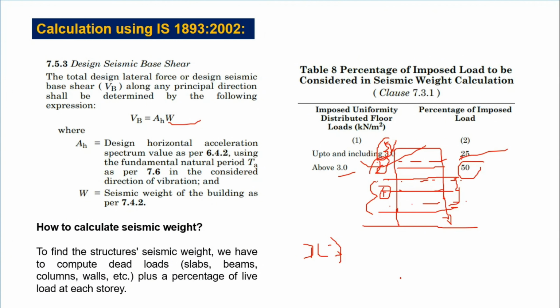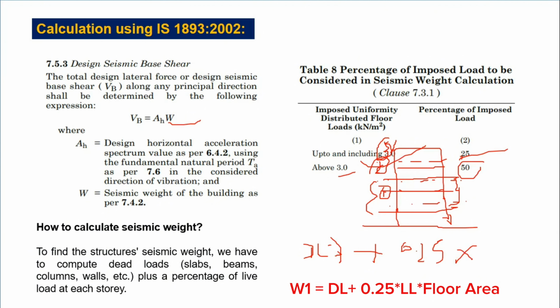After calculating the dead load, if the live load is less than or equal to 3, then we have to take only 0.25 times the live load into the area of that floor. By that we can calculate the seismic weight of that floor.